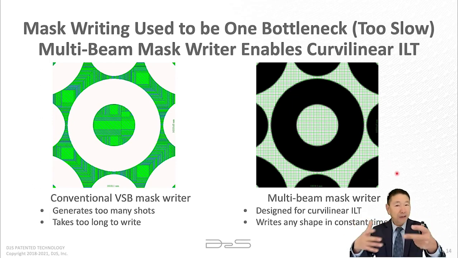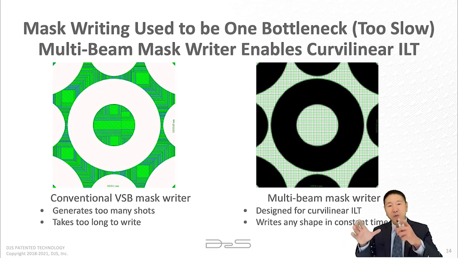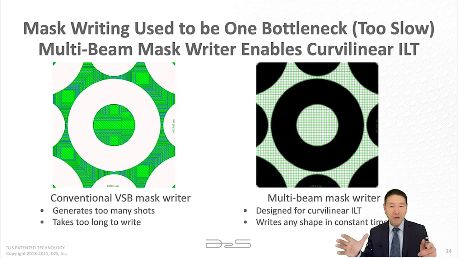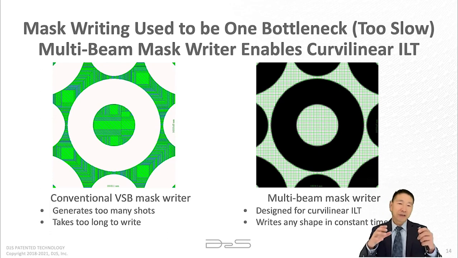So you can write those pixels even in grayscale. So the write time is constant no matter what kind of pattern you want to print. And they can write the entire mask roughly in about 12 hours, and some maybe up to 24 hours. So this solved the bottleneck of mask writing for curvilinear mask patterns.